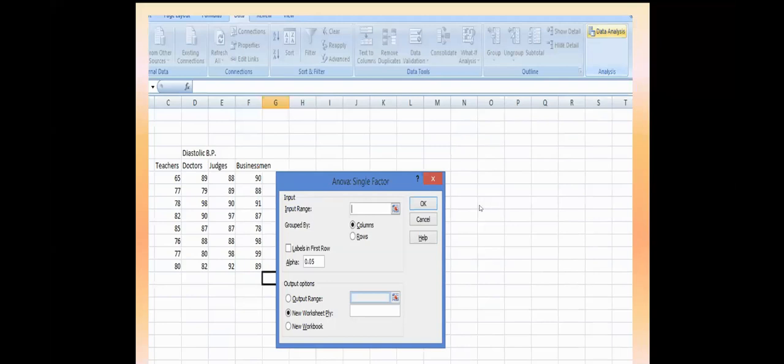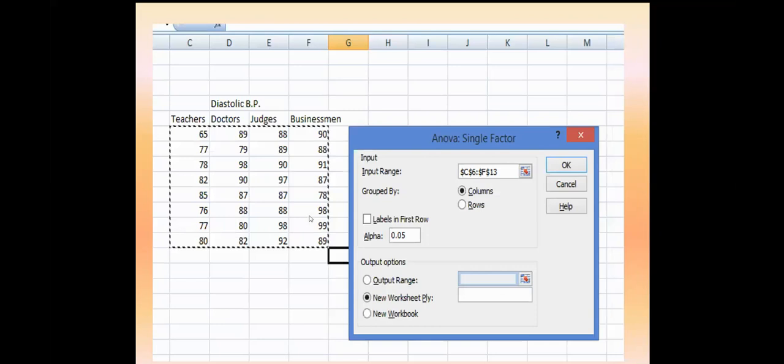In the input range, we will select this entire quantitative value. Only quantitative values will have to be selected. So when you select quantitative values, all such values will come in the input range. So we simply select and it will automatically come over there. And then you will click the OK button. When you do that, here you can see all these quantitative values have been selected.